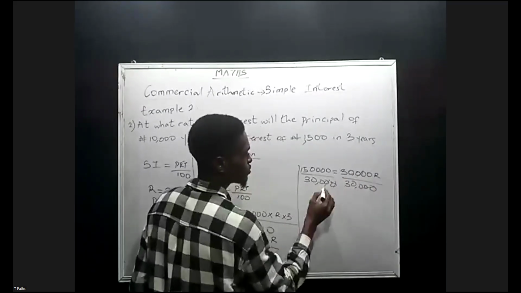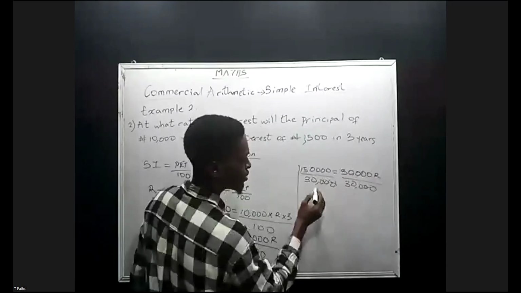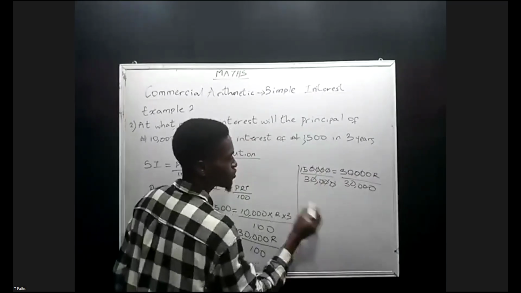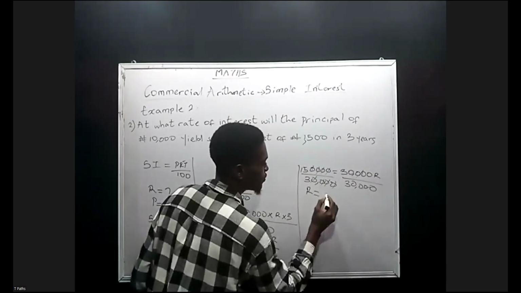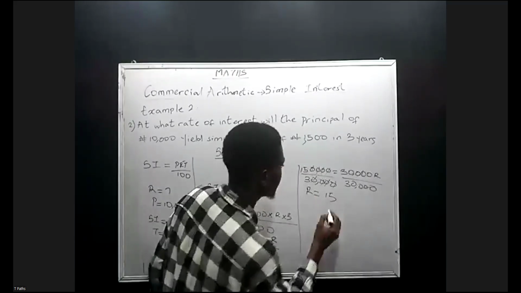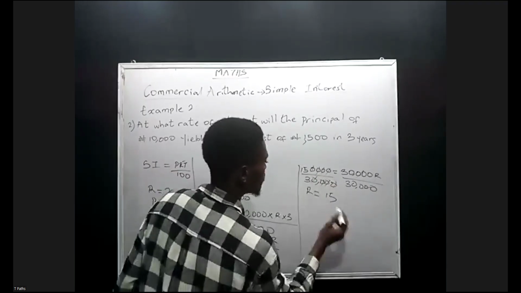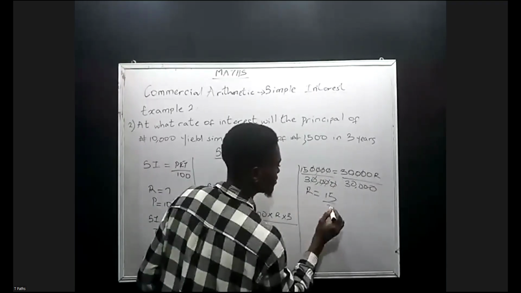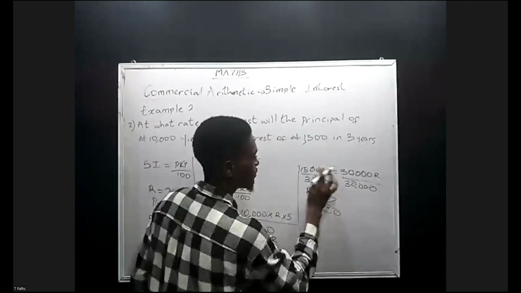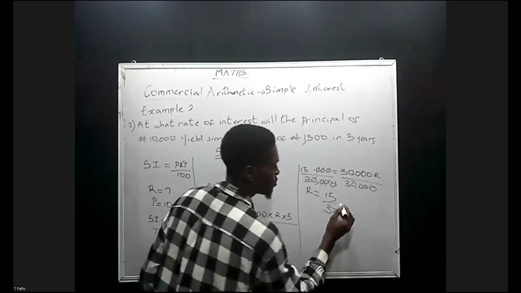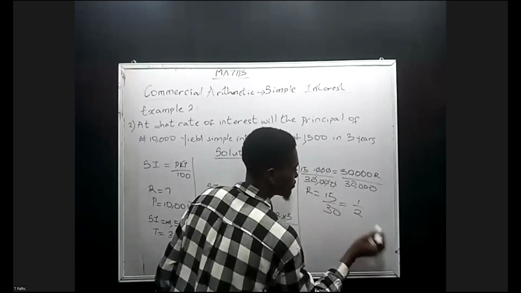Then 1, 2, 3, 4, we cancel 1, 2, 3, 4. So we'll be left with R will be equals to 15,000 divided by 30,000. So we divide 15 divided by 30. Then this will be equals to 1 over 2.